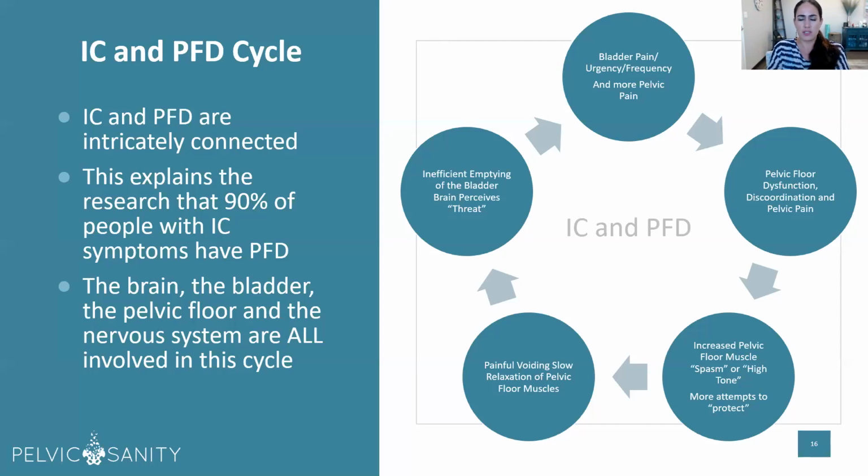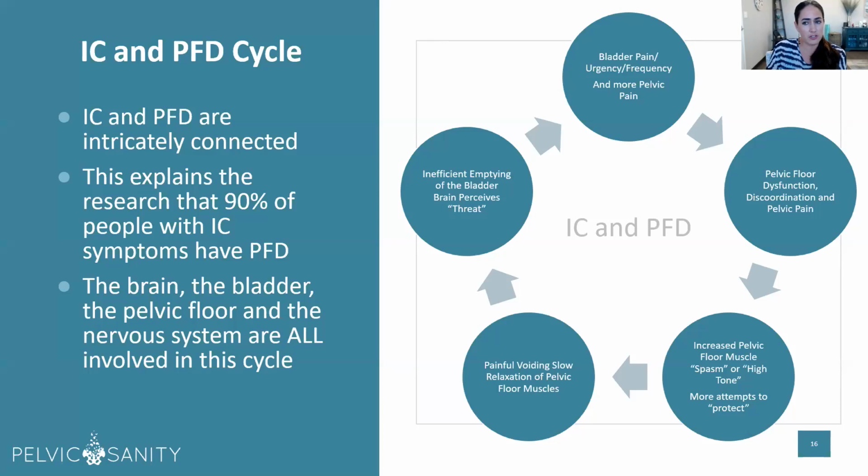But I want you guys to understand with this training today that interstitial cystitis and pelvic floor dysfunction are intricately connected. This explains the research that has shown that 90% of people with interstitial cystitis have PFD. Does it mean that pelvic floor dysfunction caused your symptoms? Not necessarily. Does it mean that having interstitial cystitis causes pelvic floor dysfunction?